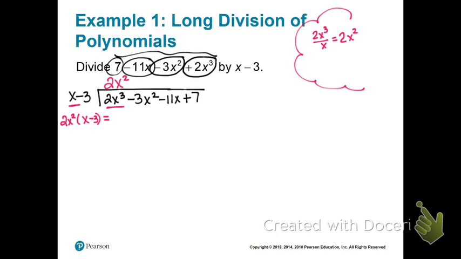So we're going to distribute this 2x squared. What's 2x squared times x? And what's 2x squared times negative 3? Negative 6x. Thank you. I think some of y'all were saying it, but I just couldn't hear you. Alright, so we multiplied.